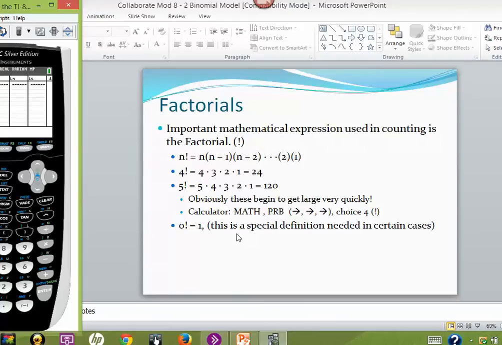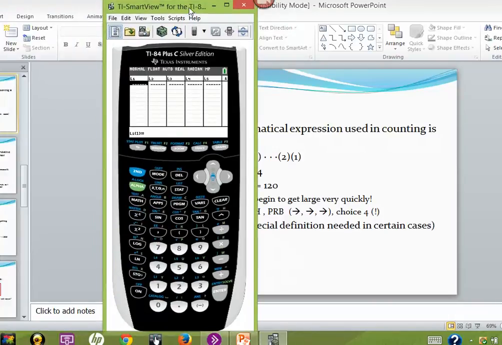Okay, so here's my calculator, and I'm going to clear out this screen. Just get a blank screen, and I'm going to put in the number 10. And if I go to the math function, you look across the top there, look for PROB. Of course, you know what that means. That's probability. So go over that, and you'll see choice number 4 has that little exclamation point.